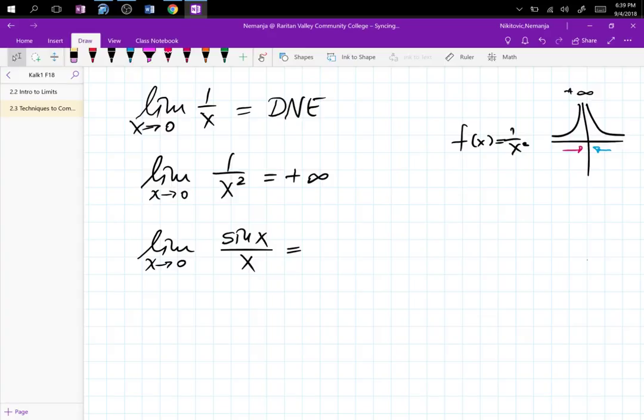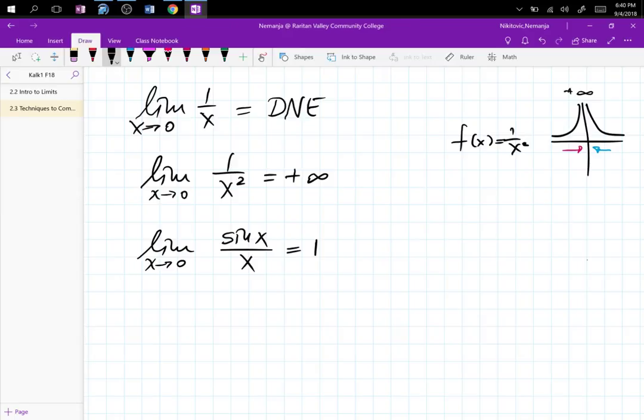Is this limit infinity? No. Does anyone know what this is? 1. Perfect. What I just did there is I divided 0 by 0 and I got 1. Power. Right?